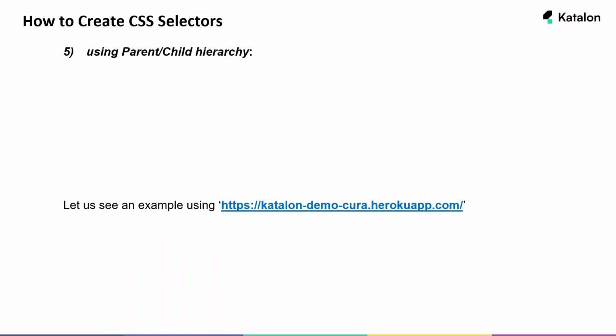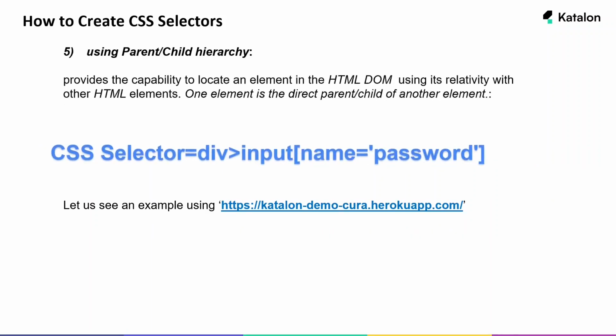Our next method is using parent-child hierarchy. It provides the capability to locate an element in the HTML DOM using its relativity with other HTML elements. If one element is a direct parent or child of another element, then you can use parent-child hierarchy. Let us see one example here.